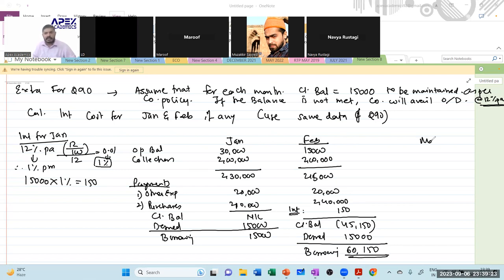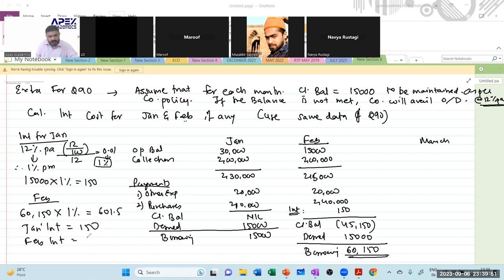Leave everything aside. They want interest cost for Jan and Feb. Feb's borrowings are 60,150. On this 1% will give me 601.5. So Jan's interest is 150, and Feb's interest is 601.5.